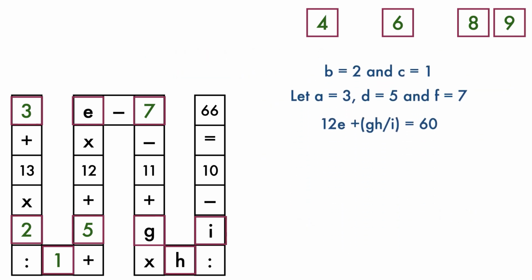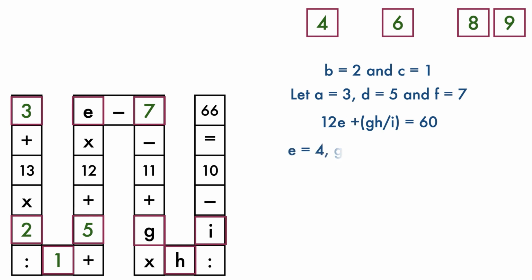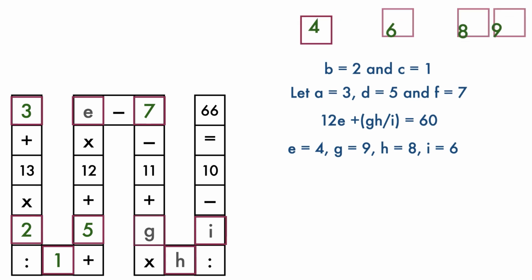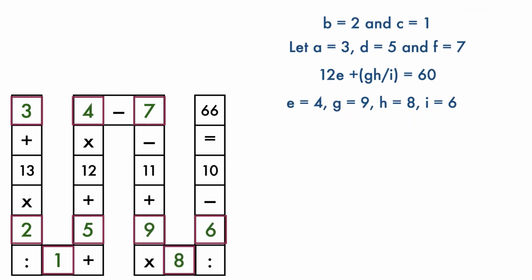The numbers remaining are 4, 6, 8, 9. Playing around with these gets us E equals 4, G equals 9, H equals 8, I equals 6. After substituting, the equation becomes 48 plus 72 over 6 equals 48 plus 12, which is equal to 60.